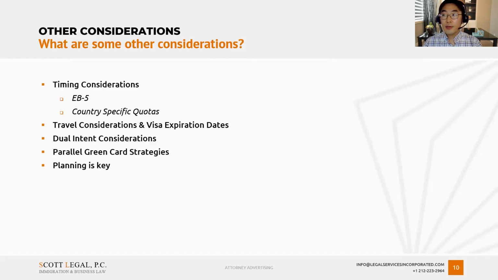Next, what are some other considerations? Timing is the most important thing. Please keep in mind that certain types of green card cases take a very, very long time, like EB5, which takes about 5 years. An EB3 PERM case nowadays takes approximately 2 years just to go through the Department of Labor.